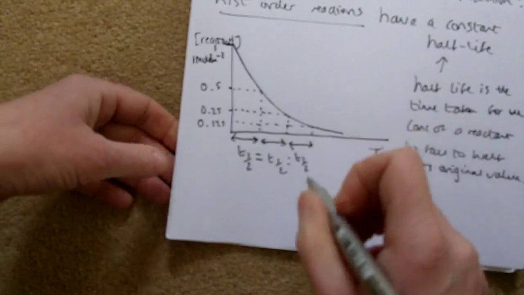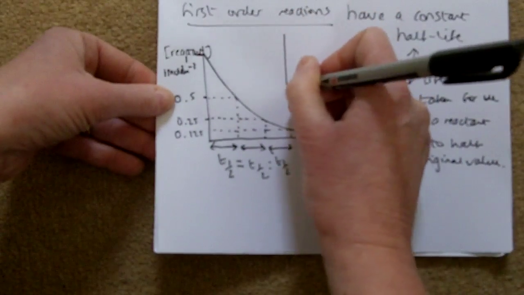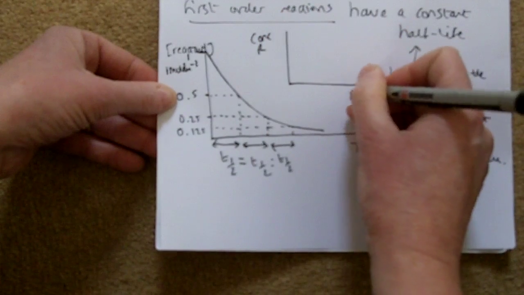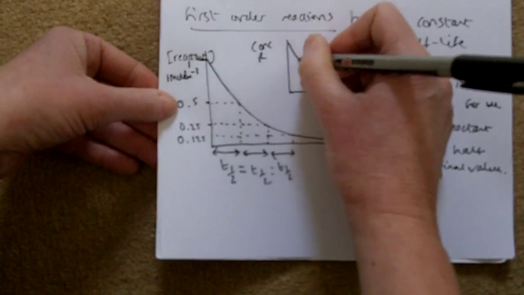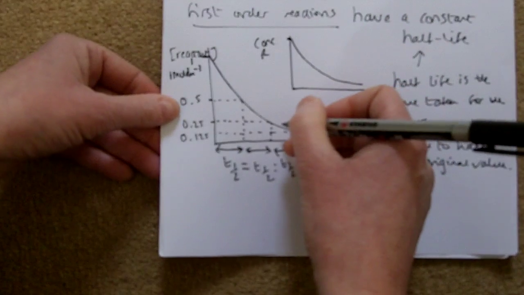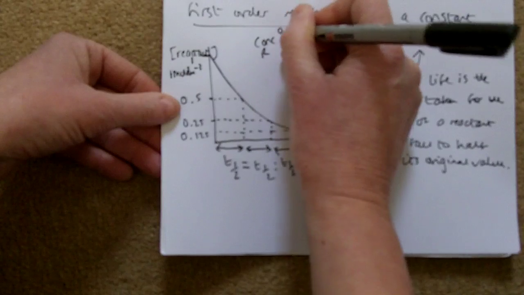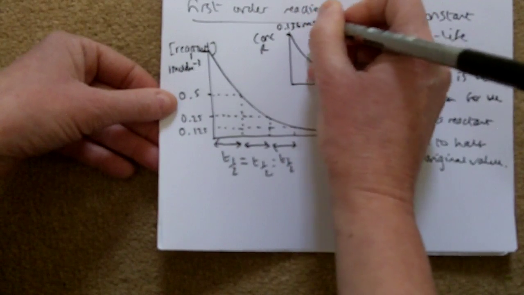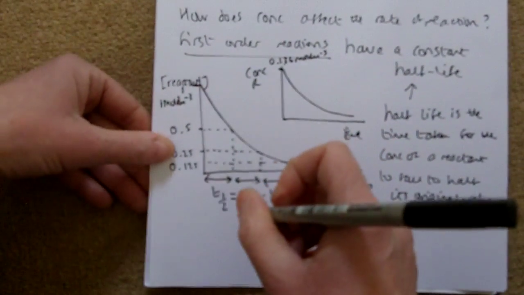Now the common mistake that people make in exams: that's the concentration of the reactant, that's time, and it goes like this, and maybe the initial concentration is a really weird number, like 0.136, and you've got to work out the half-life.